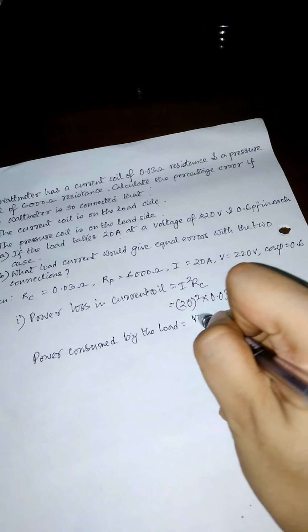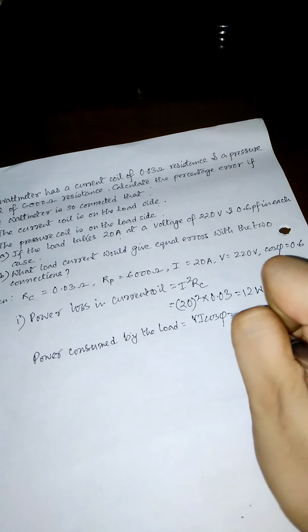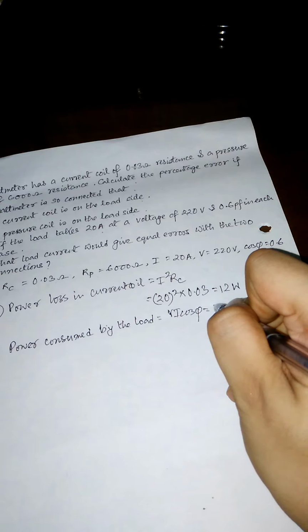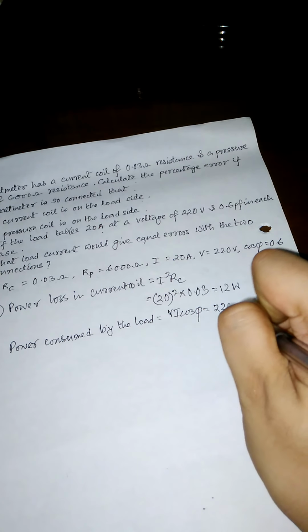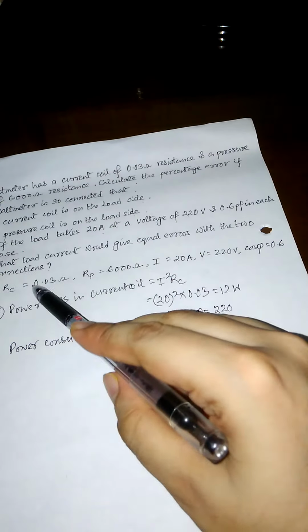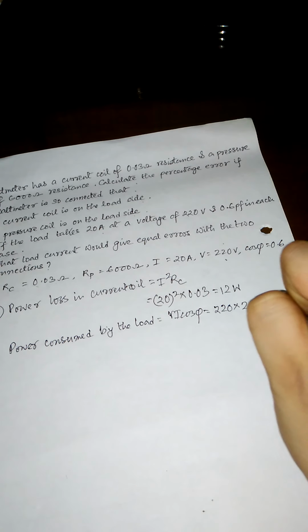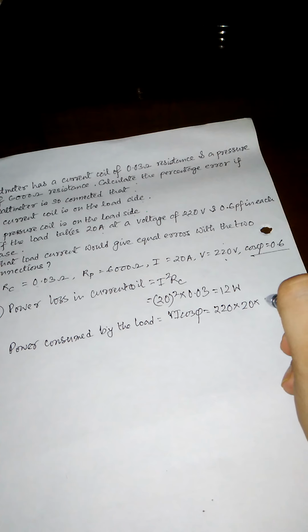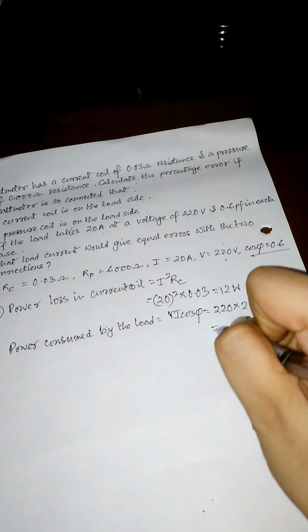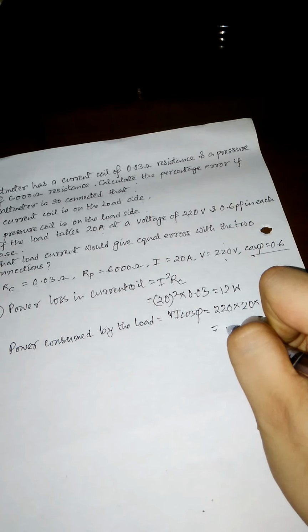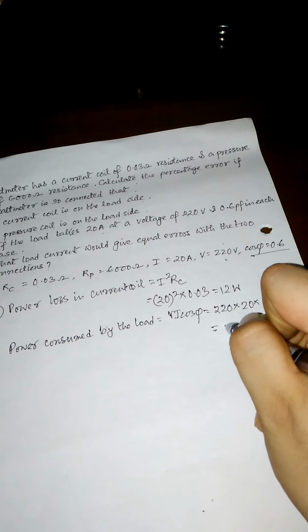As per our problem, V equal to 220, I equal to 20 and cos phi equal to 0.6. If you calculate it, the value is 2640 watt.